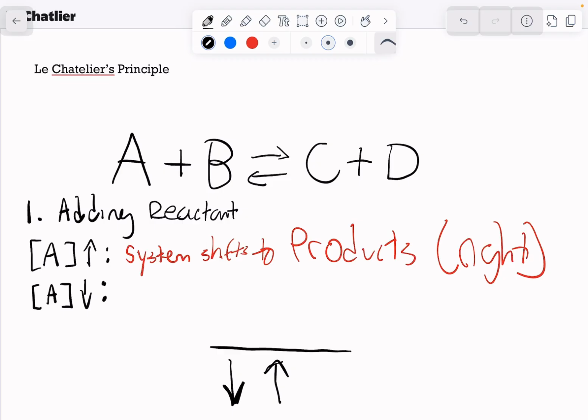So, if we remove A, what does the system want to do now? It wants to create more A. So what does this mean? Well, the forward reaction produces more C and D, but no, we want to produce more A. And the reverse reaction produces more A. So what will happen? If we decrease A, the system shifts to the left, to the reactant side.